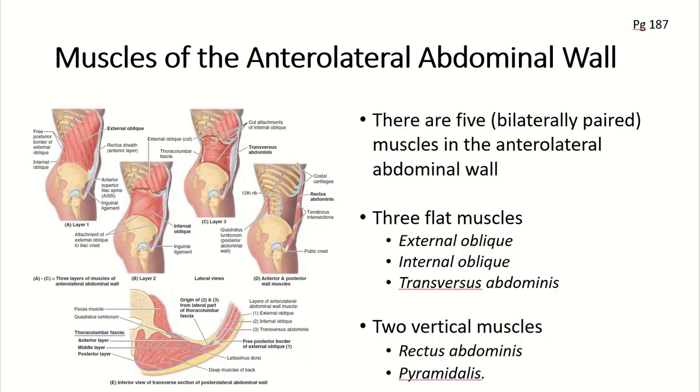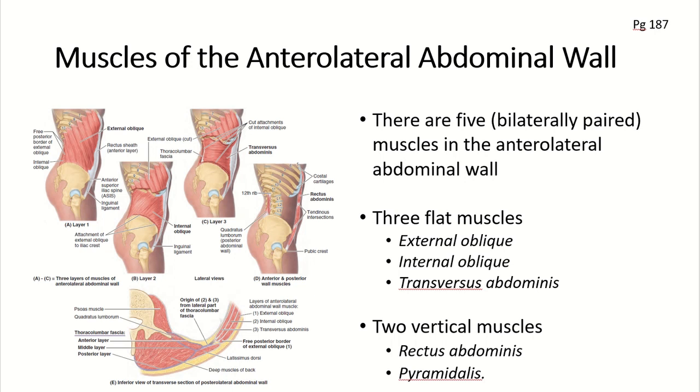Now, if we move to the muscles of the abdominal wall here, there are actually 5 of them, and they're arranged bilaterally paired in the anterior lateral part of the abdominal wall. So you've got 3 flat muscles, which are our external oblique, our internal oblique, as well as the transverse abdominis.